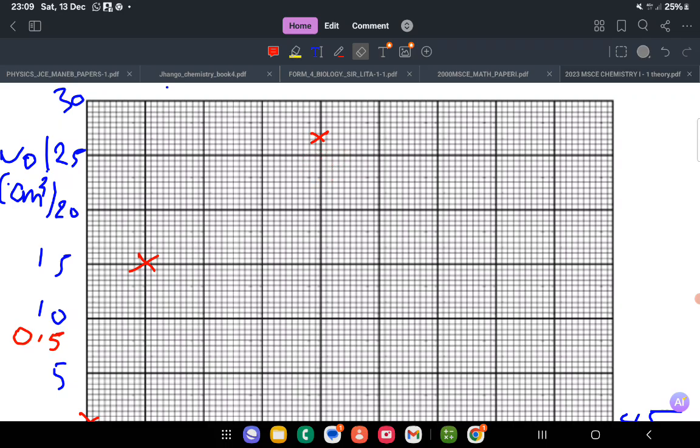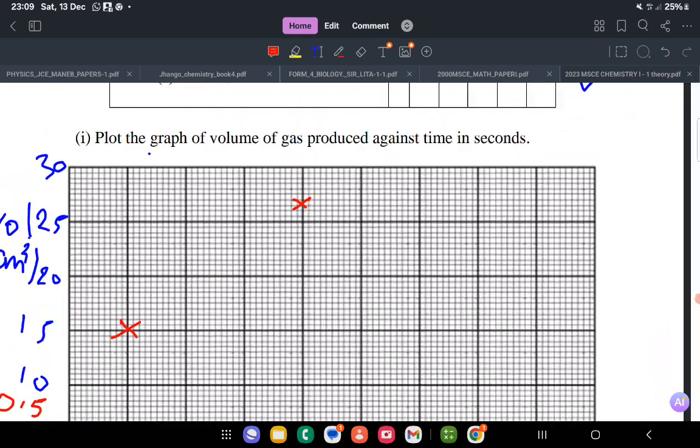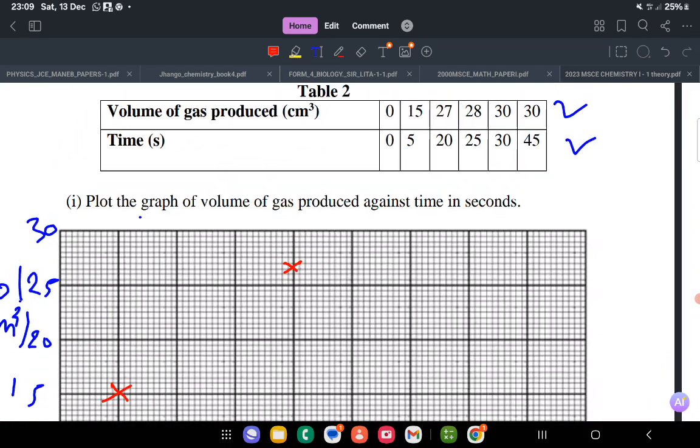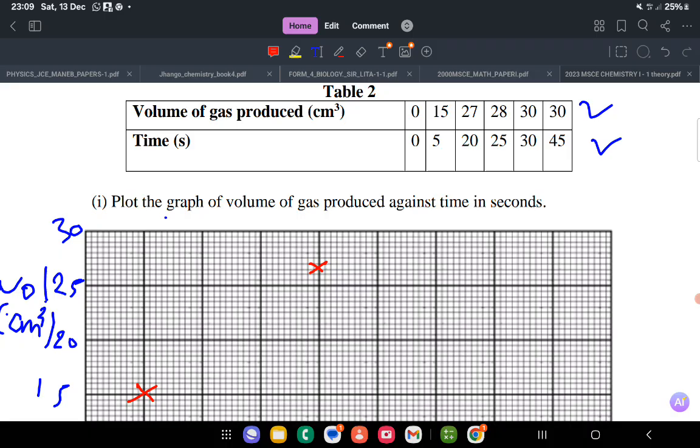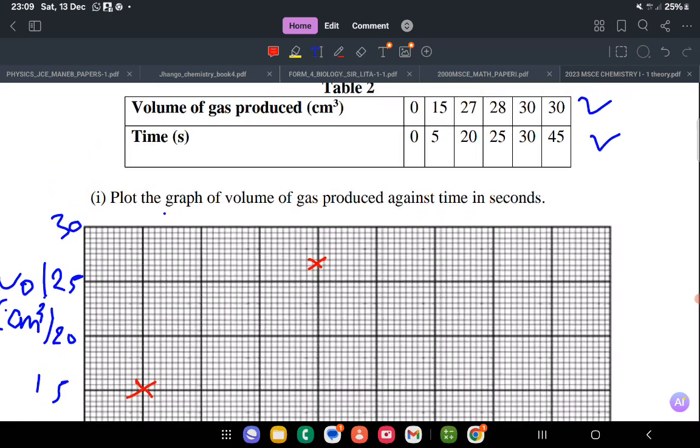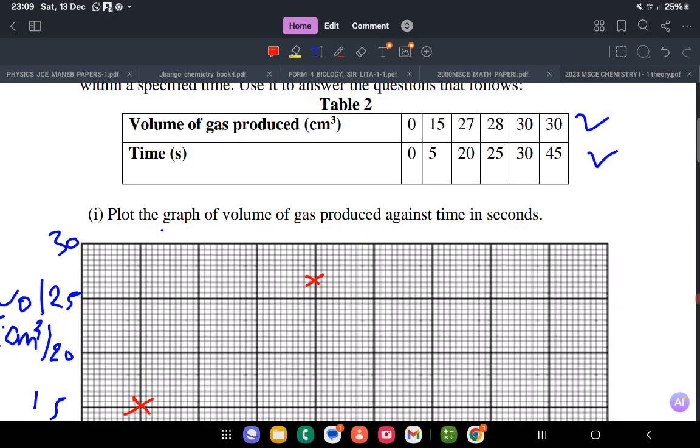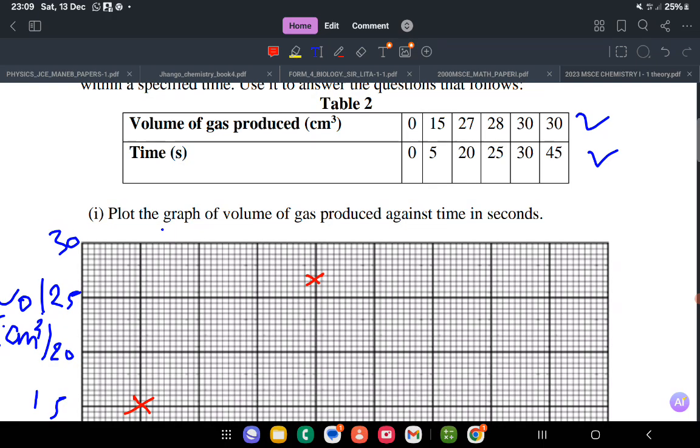Next, we need another point. When the time is 25, the volume is 28.